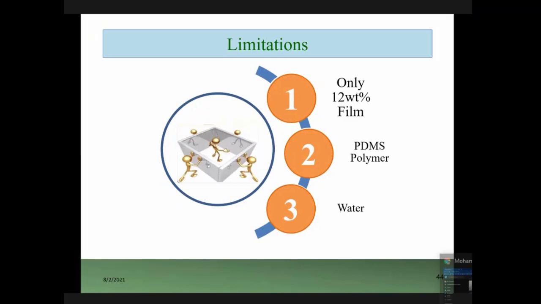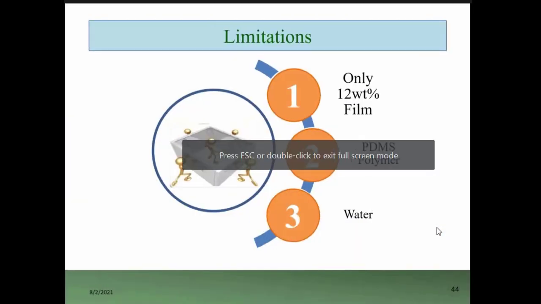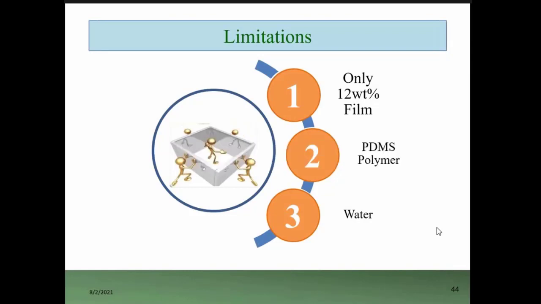The second limitation of this device is that only PDMS polymer was used to fabricate the film. No other good polymer was tried to improve the performance of the film. And the liquid that was used is water. I didn't get any time to test my sensor with other liquids.